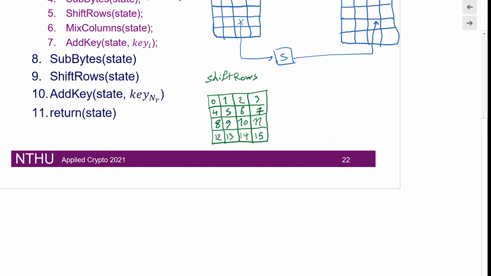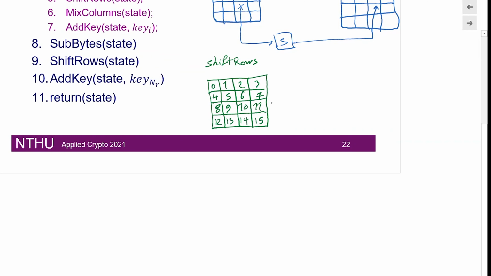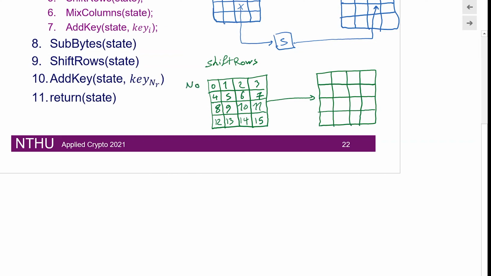These are the 16 bytes; I denote them like this. And after doing shift rows, this would be the corresponding table. The first row, I don't do any shift. I just let it be as it is. I just copy paste it.